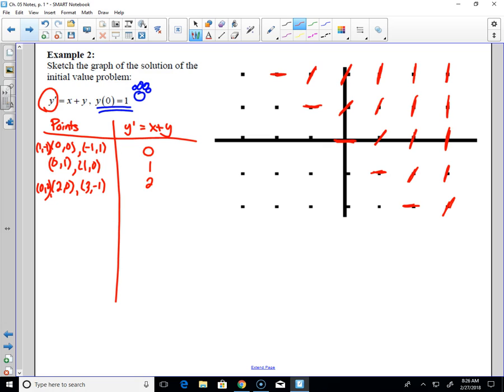What have I not done yet? Hey, what about 1, negative 2? Nathan was like, how do you do a negative slope? 1, negative 2 would be negative 1. Instead of up, just go down 1 over 1 and go back. Right? Can I follow that diagonal line? Probably. 0, negative 1? Oh yeah, down 1 over 1. Sweet.